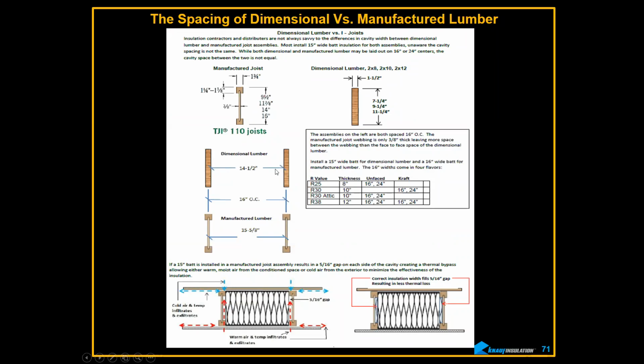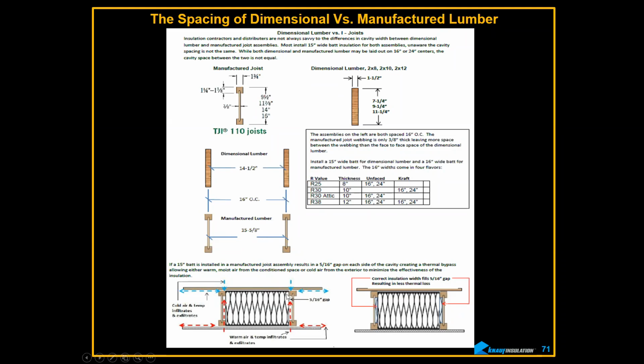It's only 14.5 on dimensional lumber, but it's actually 15 5/8 on manufactured. So you have to go to a full 16-inch bat if you're going to use bats, and you have to go to a full 24-inch bat if you're up in rafters or other systems that are 24 inches apart, because the distance here is greater than the distance here, even though they're laid out on the same schedule.